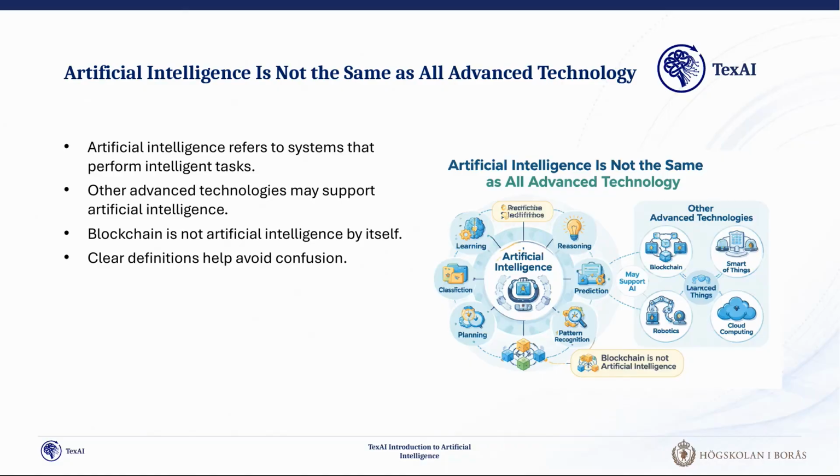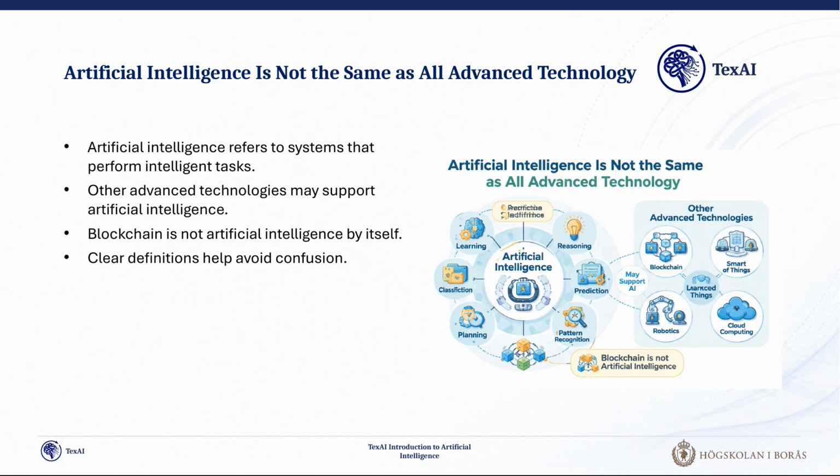The categories we have discussed help us understand what counts as artificial intelligence and what does not. Artificial intelligence refers to systems that perform tasks such as learning, reasoning, classification, prediction, planning, or pattern recognition. However, not every advanced digital technology is artificial intelligence.